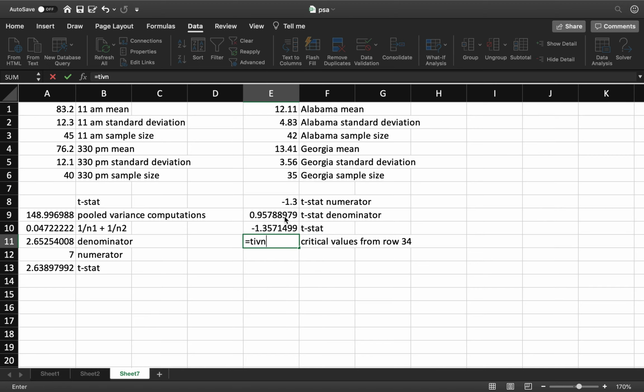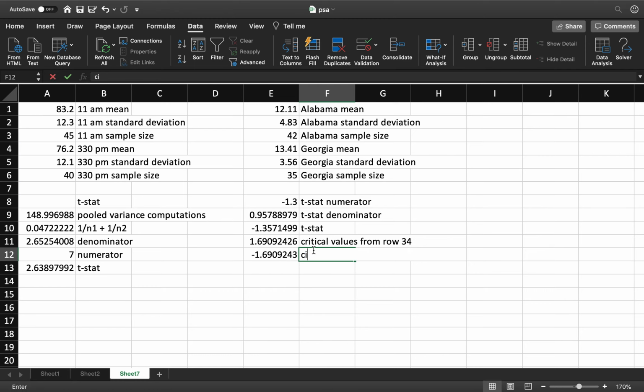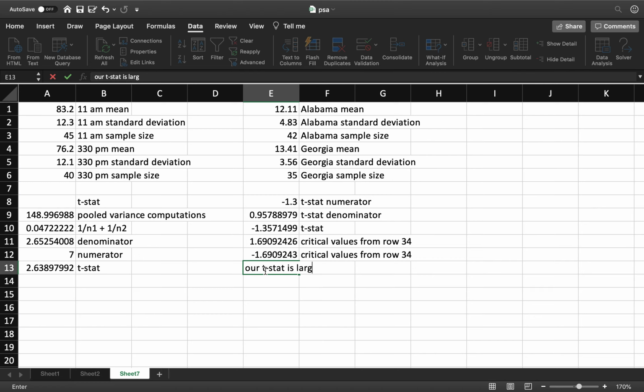Now we could use T inverse to get a critical value. This is two-sided. I make it negative, so our test statistic is larger than the negative critical value.